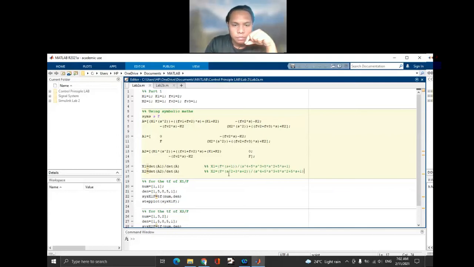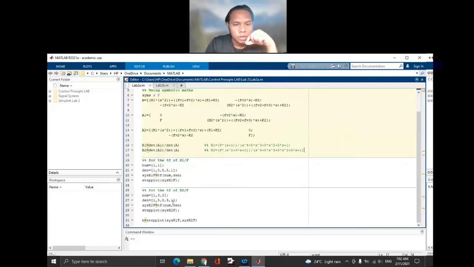After we get the result, we need to apply the transfer function, which means we apply the numerator, denominator, then sys and step plot to display our output signals.